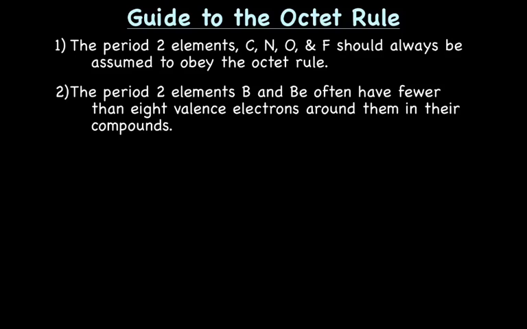These guys often have fewer than 8 valence electrons around them in their compounds, which makes sense because each of these only has 3 or 2 valence electrons, right? 3 and 2.